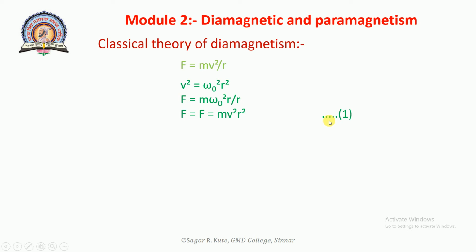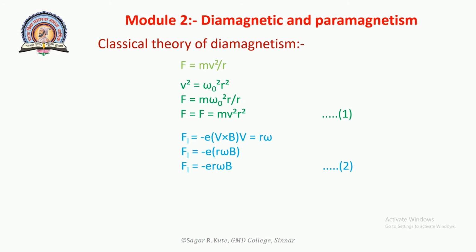When a magnetic field is applied along the z axis, perpendicular to the xy plane, an additional force acts on the electron. This is the Lorentz force denoted by Fl. It acts away from the nucleus, that is Fl is equal to minus e (v cross B).